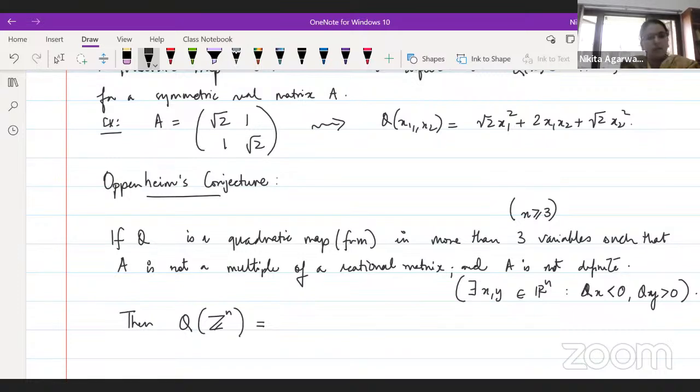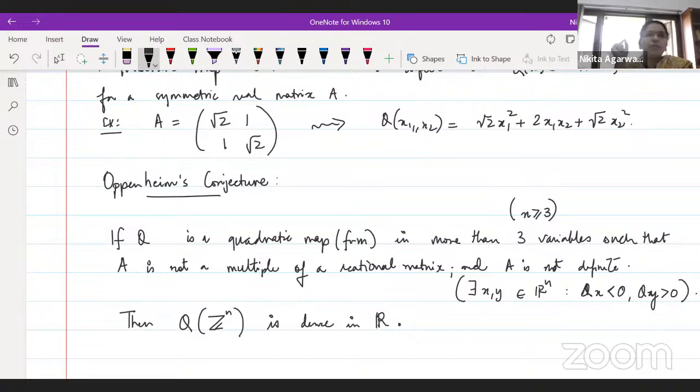If you look at Q(Z^n), then Q(Z^n) is dense in R. If you just take the integer points and apply the map Q, the image set becomes dense in R. What does it mean?